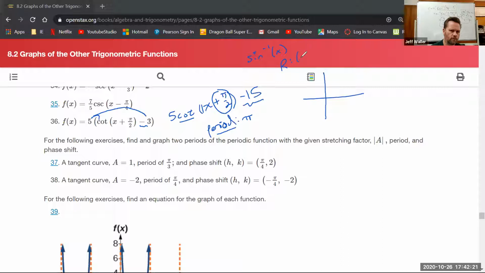Negative pi over 2 to pi over 2. Yes. It's related to the idea, this is inclusive, that we had to restrict the domain of sine so that I could create inverse sine.